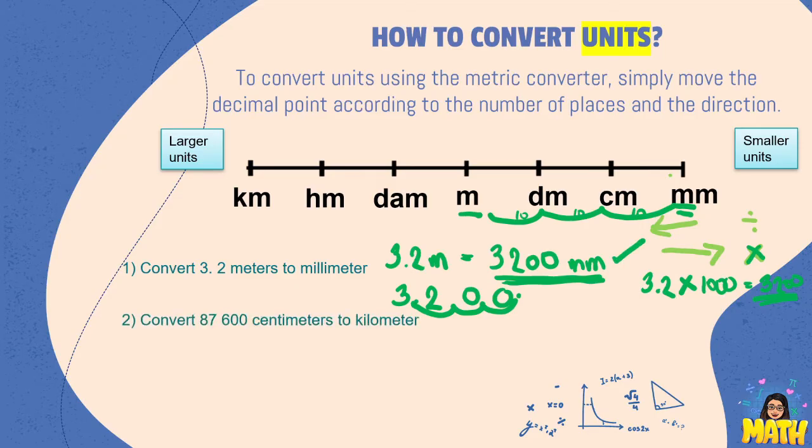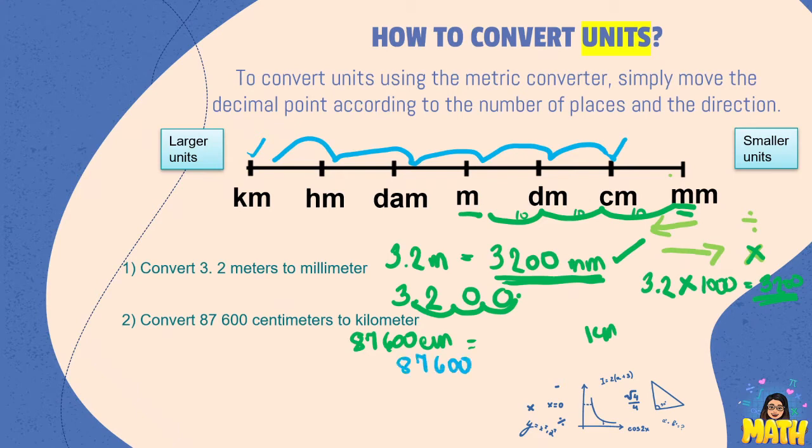Next, convert 87,600 centimeters to kilometers. So this time, centimeters to kilometers. So this is going to the left. So how many units away? 1, 2, 3, 4, 5. 87,600. Nandito ang ating decimal point. We will move it 5 times. 1, 2, 3, 4, 5.